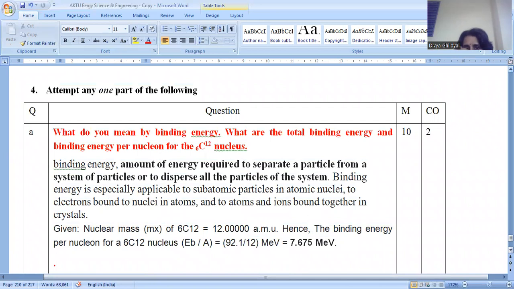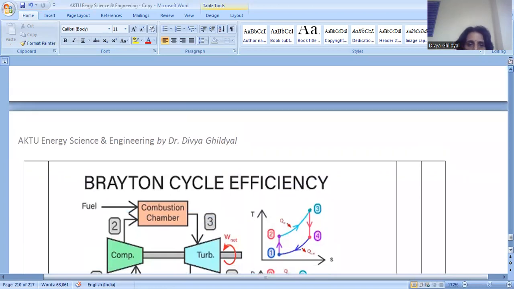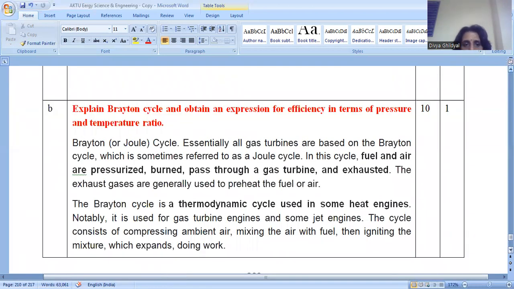Binding energy is the amount of energy required to separate a particle from a system of particles or to disperse all the particles of the system. It is especially applicable to particles of nuclear scale. Brayton cycle is a Joule cycle.